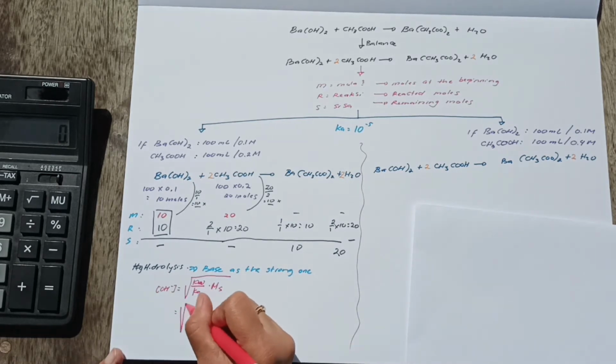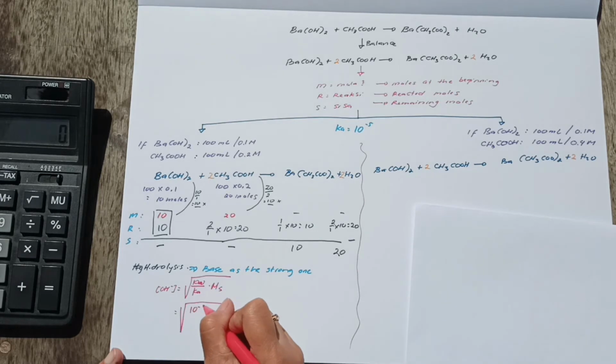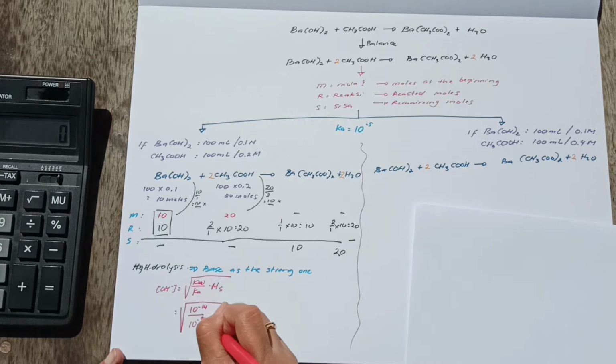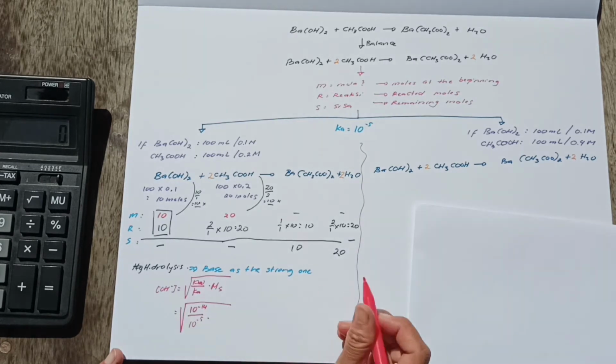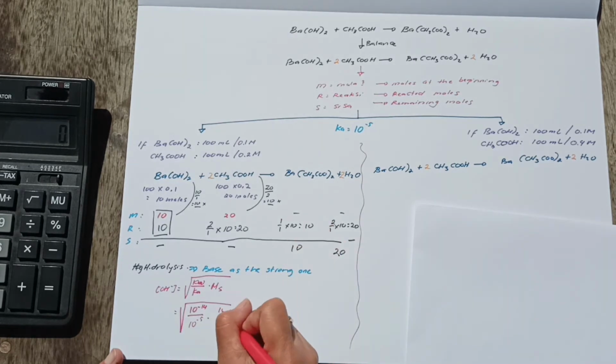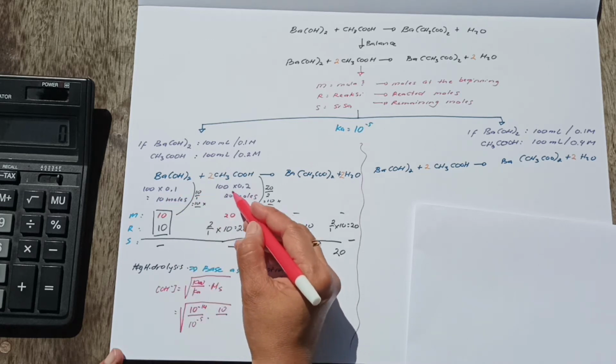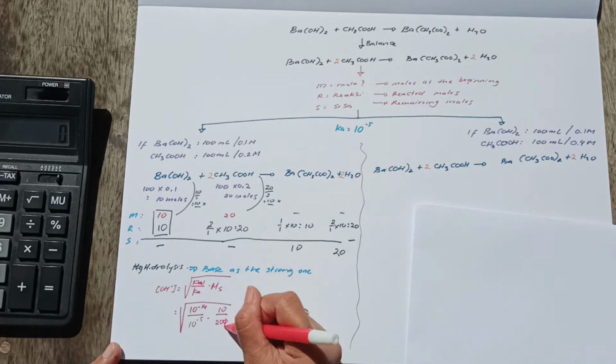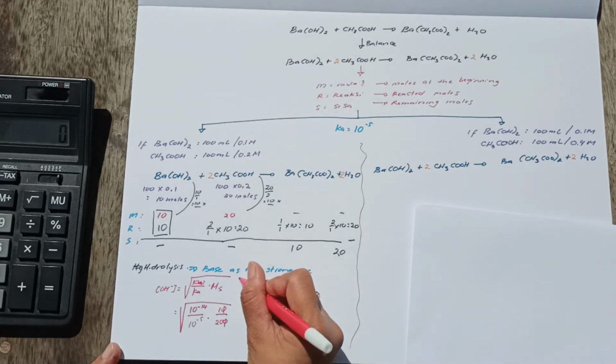And so Kw is 10 to the power of minus 14 per Ka is 10 to the power of minus 5, sorry. And the molarity of the salt is 10 per total volume, which is 200. Okay. You can scratch this, and I'm going to move here.